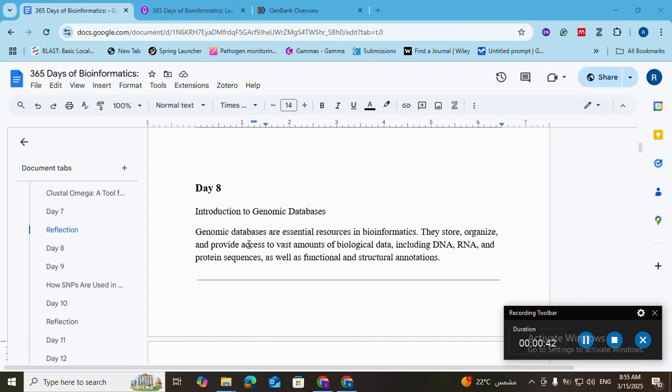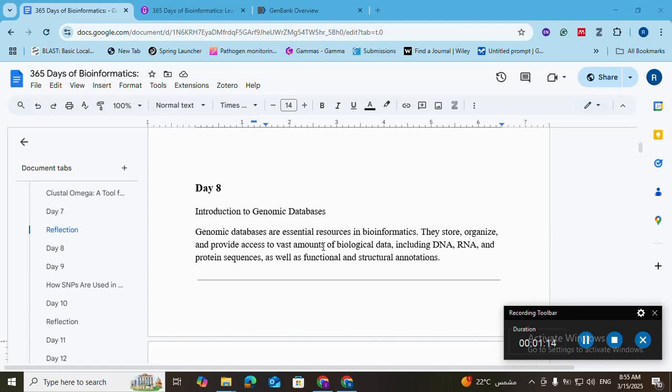What is a genomic database? They are an essential resource in bioinformatics. So in this science we have resources of information. One of these important and essential resources is the genomic database. They store, organize, and provide access to a vast amount of biological data.